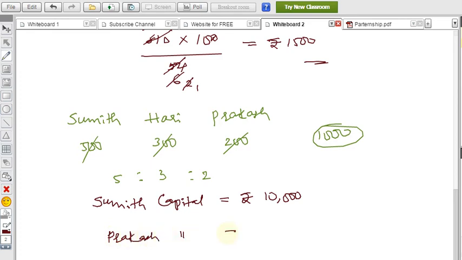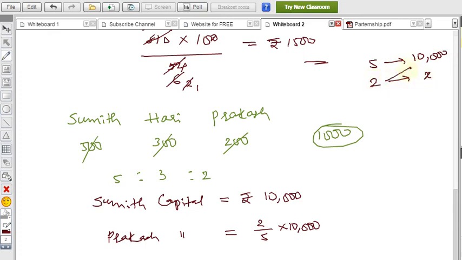So Prakash's capital is 2 by Sumit's ratio 5, into 10,000. You can write it like this, because Sumit is 5. For 5 ratio, if it is 10,000, for 2 ratio, how much? For 5 value we are getting 10,000, then for 2, how much?